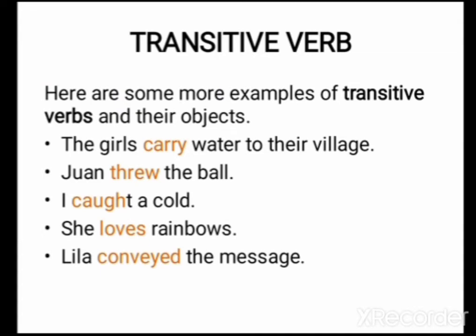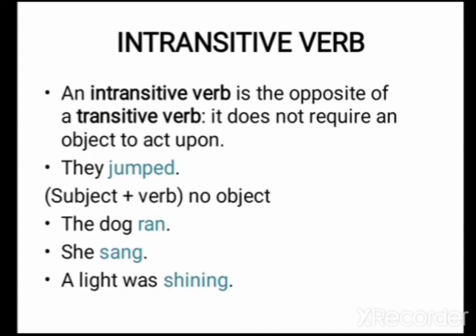Now we will see what is meant by intransitive verbs with the help of some examples. An intransitive verb is the opposite of a transitive verb. It does not require an object to act upon. They jumped. Here, the subject is they and the verb is jumped and there is no object. The dog ran.